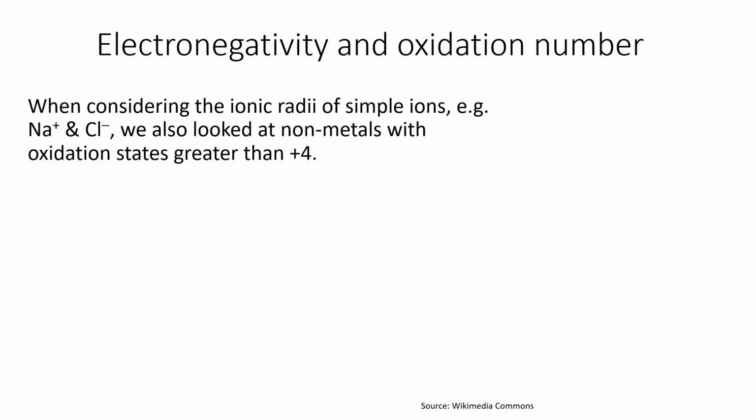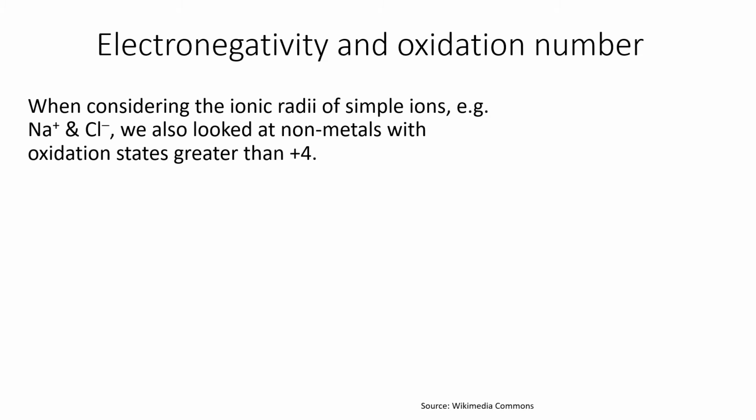Now, the concept of electronegativity also has a bearing on oxidation number and is relevant too with our earlier discussion of ionic radii. Normally we think about ionic radii in the very simple case of a simple ionic compound made of simple ions, like for example Na+ and Cl-.